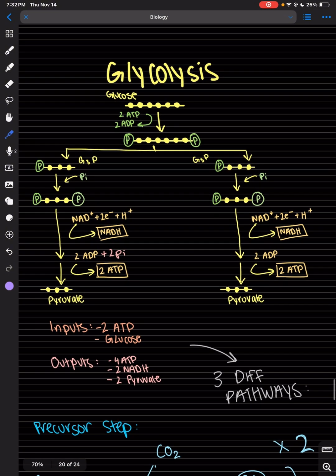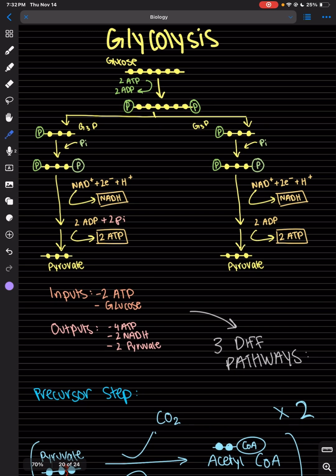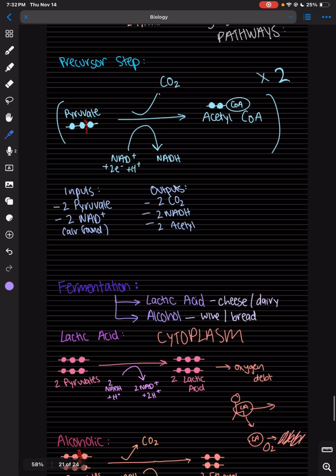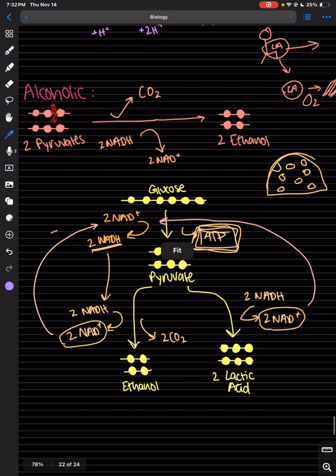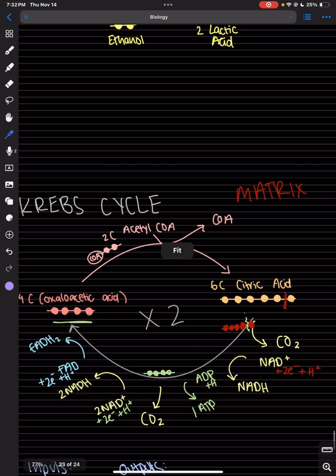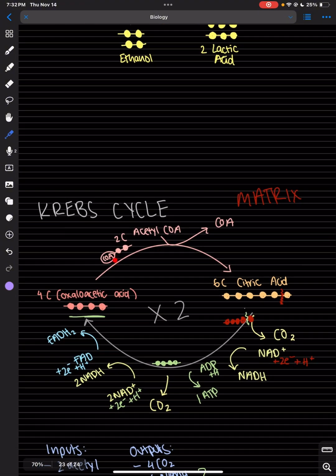And then the product of glycolysis is pyruvate. In the Krebs cycle, what I noticed people were confused about is that we have a compound named acetyl coenzyme A. Acetyl coenzyme A looks like this. It's a 2-carbon with a coenzyme A attached.